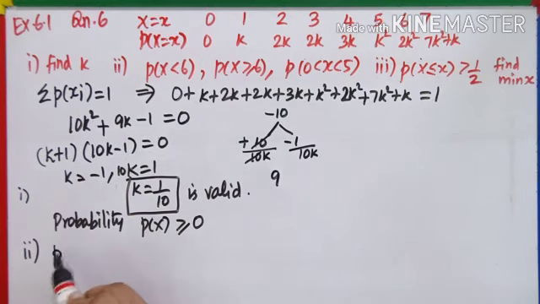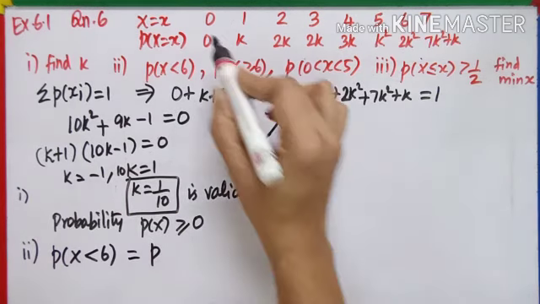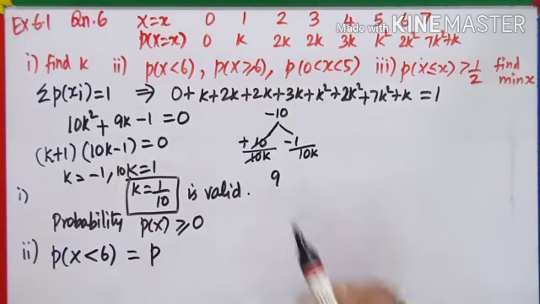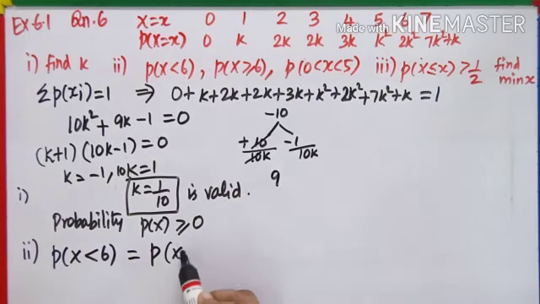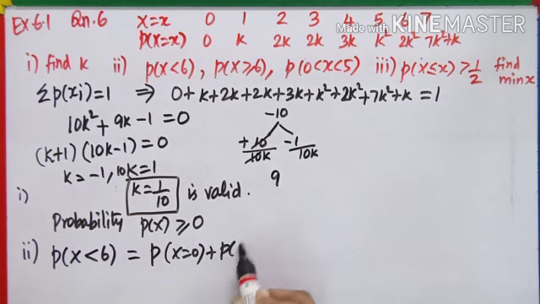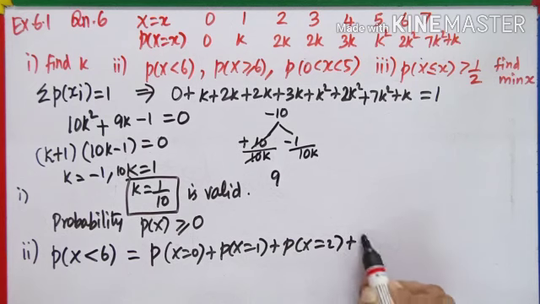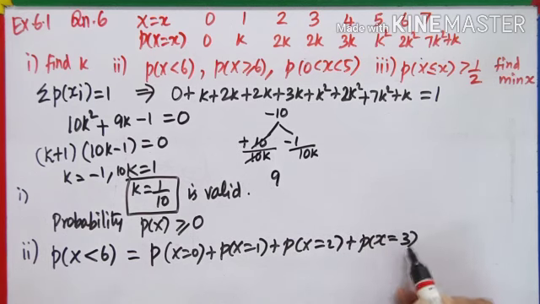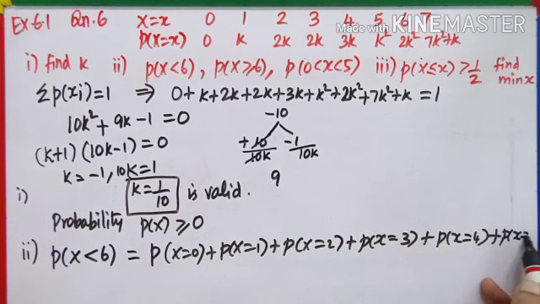P of x less than 6. Now, which are the numbers below 6 in this table? X values 0 to 5 I can write. So, x is equal to 0, x is equal to 1, x is equal to 2, x is equal to 3, x is equal to 4 and x is equal to 5.